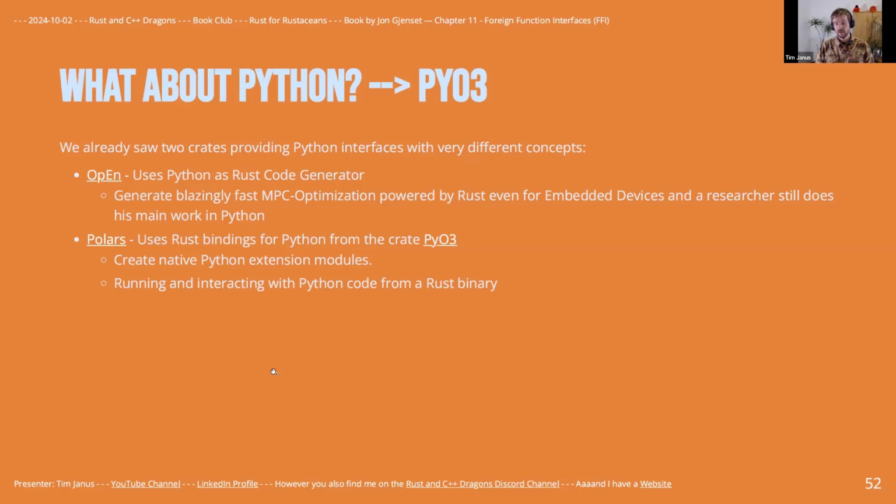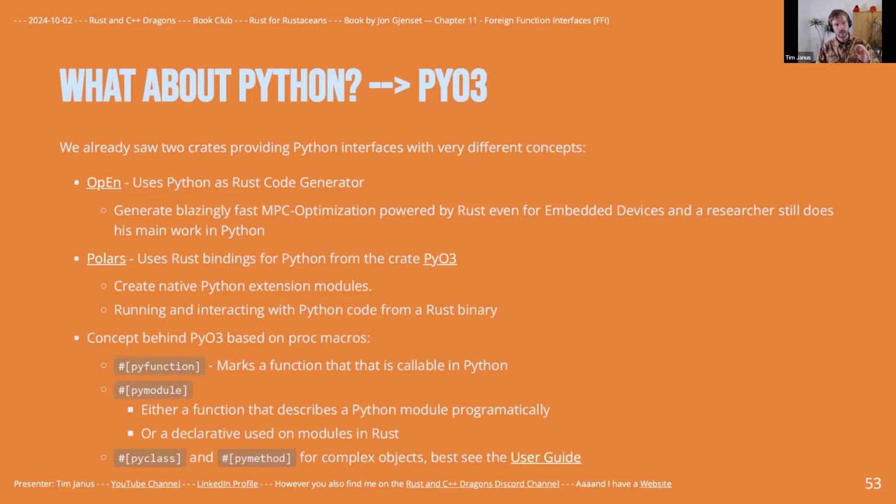The other thing, which is quite huge, I think, is Polars, which is a data frame library similar to Pandas. And for this, PyO3 was used, and we will actually find a lot of things about PyO3. I think there was also a talk on, no, that was a tutorial.